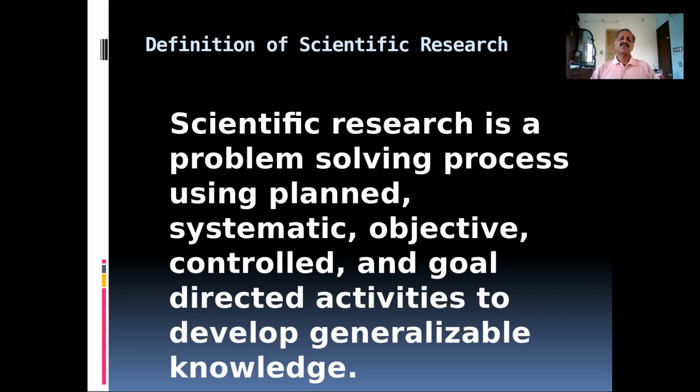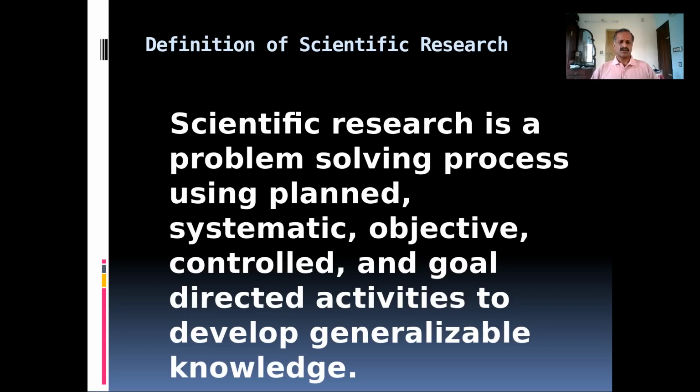Your subjectivity should not be there, and your ideas and prejudices should not occur in the research. It should be somewhat equal for all. The concept should be equal for everyone. So objective nature should be there, and it is controlled also.